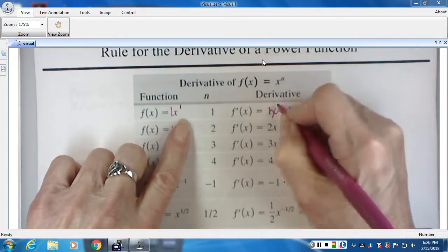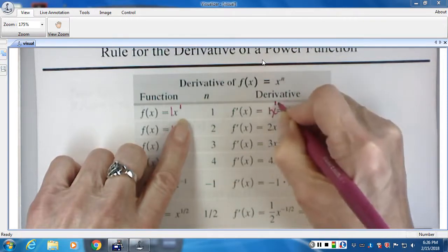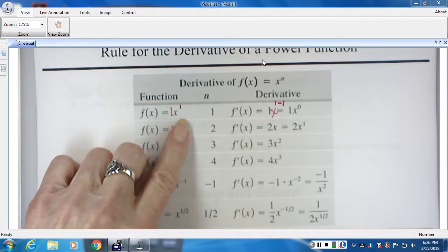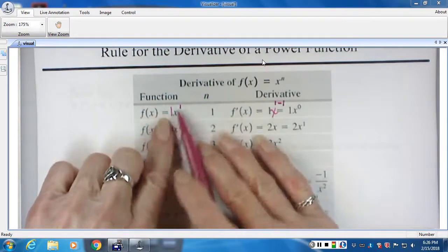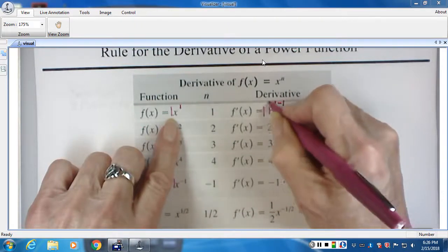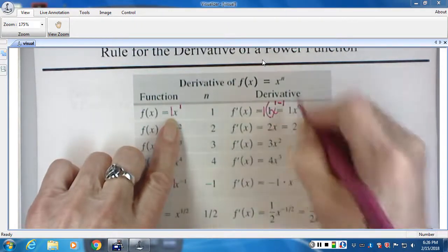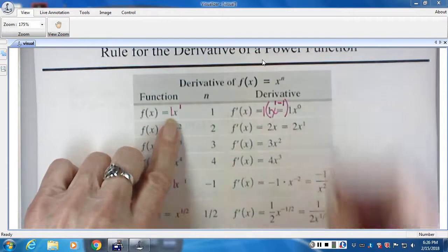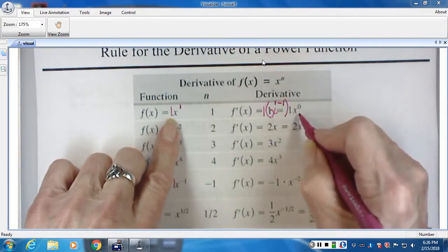And then we're going to take that power, which was 1, and we're going to subtract 1 from it. So the derivative of 1x to the first power is 1 times 1x raised to the first power, and the first power is going to be subtracted by 1, which turns out to be 1x to the 0.